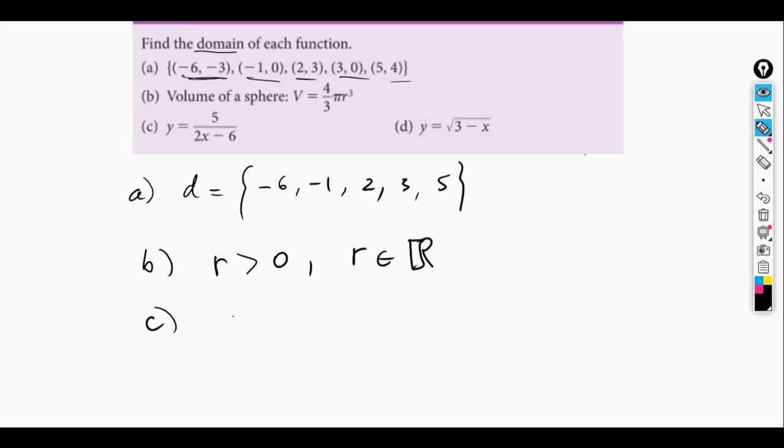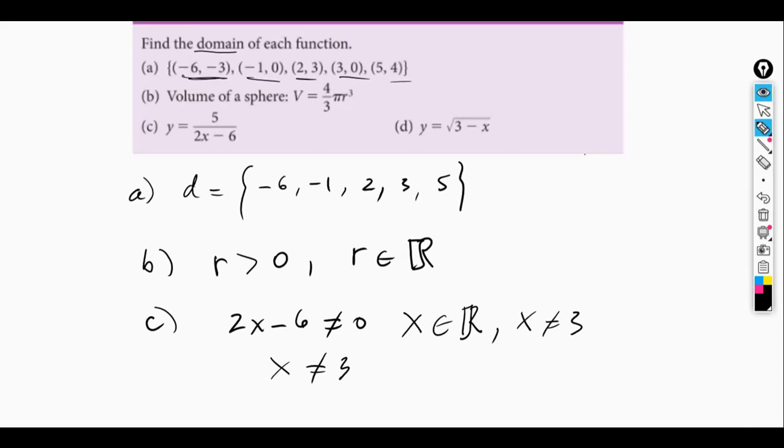Therefore, we can say that 2x minus 6 cannot equal 0. That would be the only restriction. So if we solve for x, we get that x cannot equal 3. Therefore, for the domain, x belongs to the reals, or x can be any real number, but x cannot equal 3.